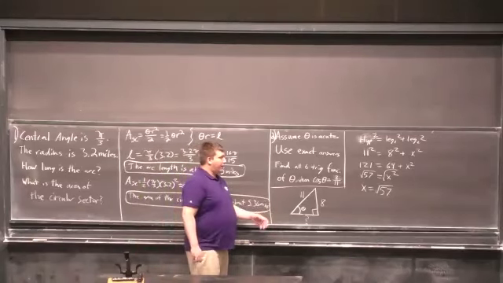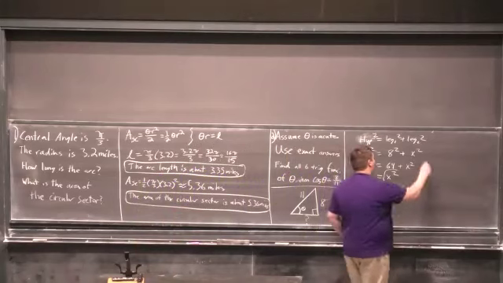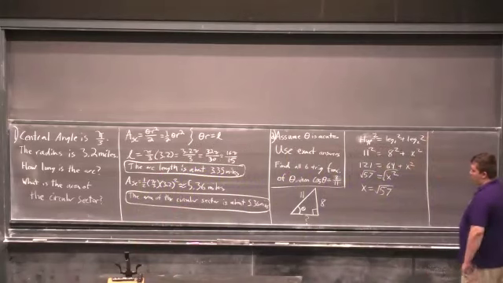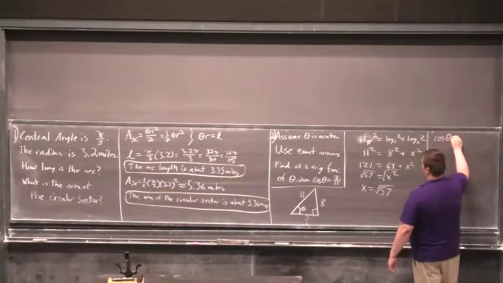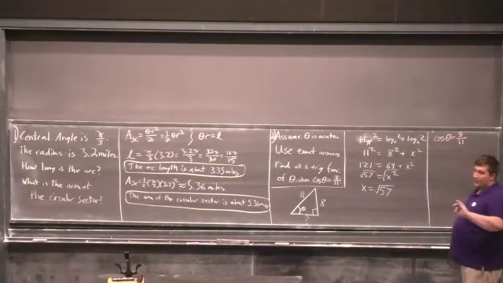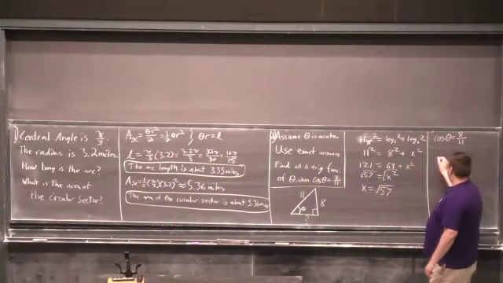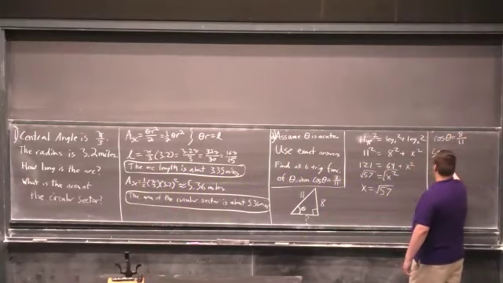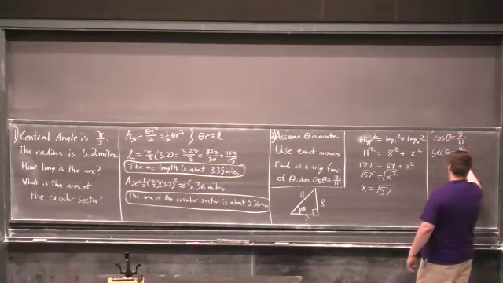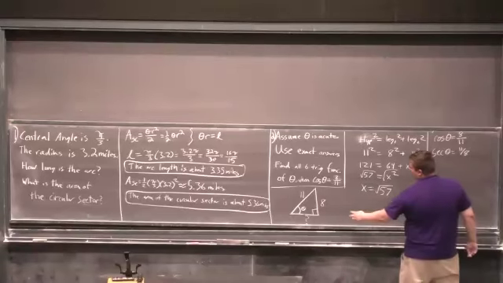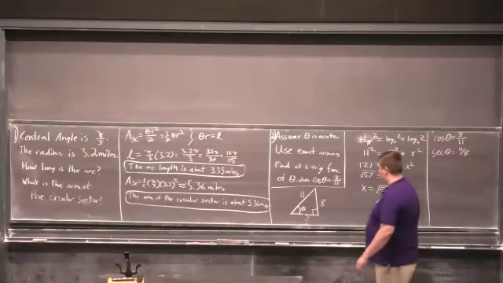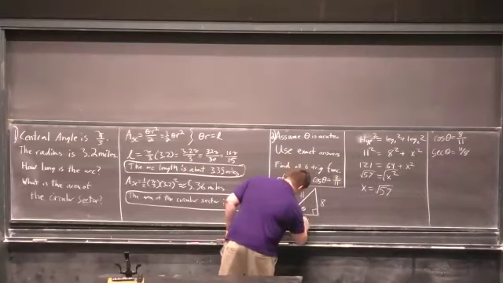Now, how do we find all the other trig functions? Well, the first one we already have, cosine of theta is equal to 8/11. We can take the reciprocal of this, and we have secant of theta is equal to 11/8. Now we can use our triangle. We can input square root of 57 here.